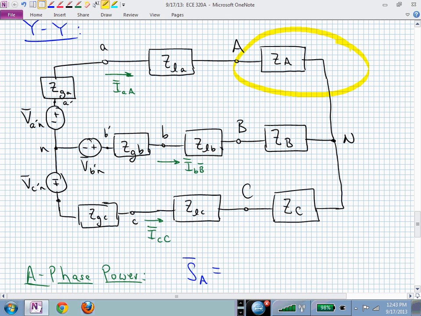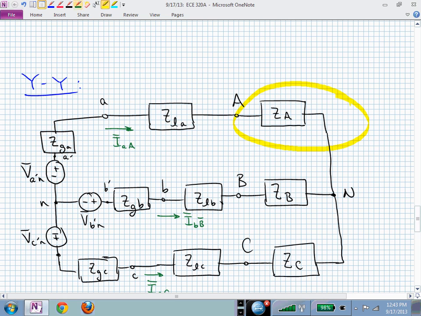In this case, what voltage do we want? The voltage across Z sub A, which we have not labeled, but that's what we want to label, and this is actually going to be called the A phase voltage. This is the phase voltage at the A terminals of the load.